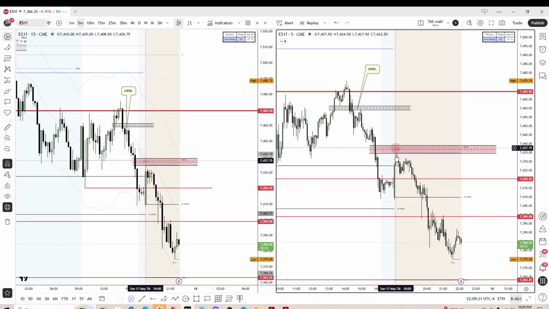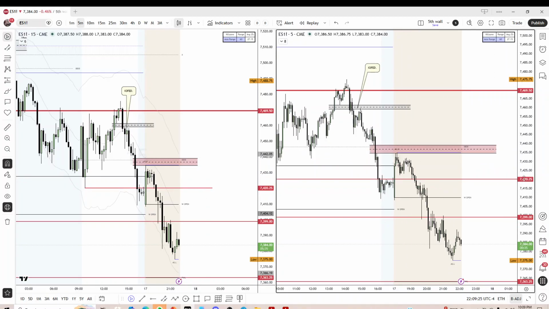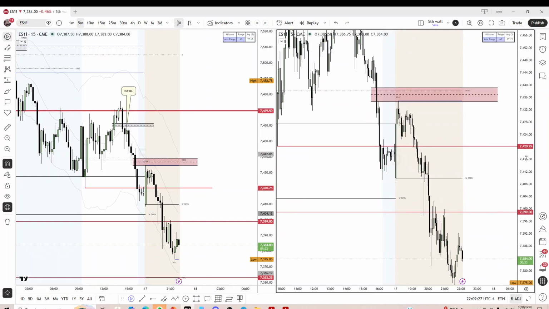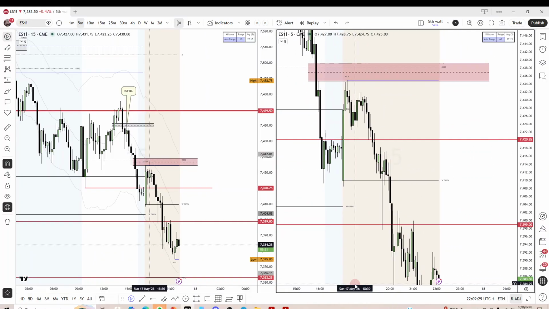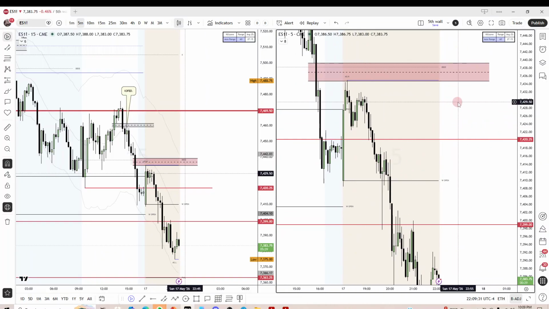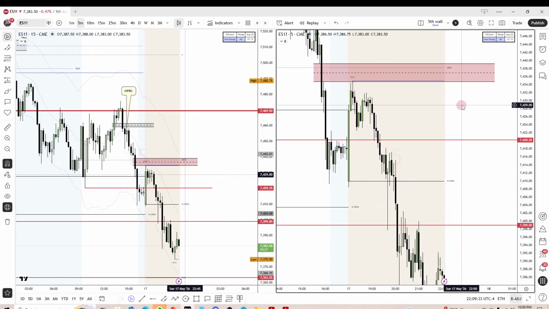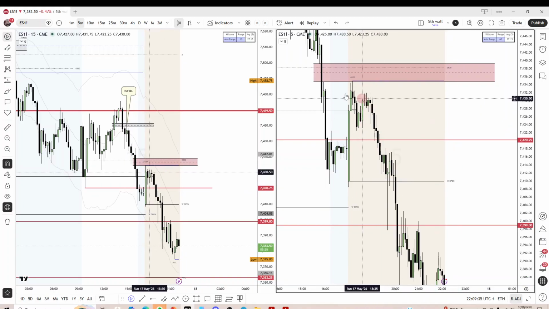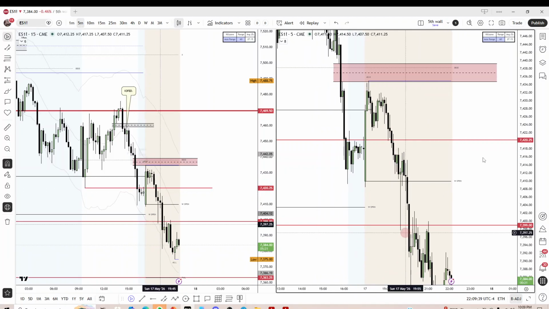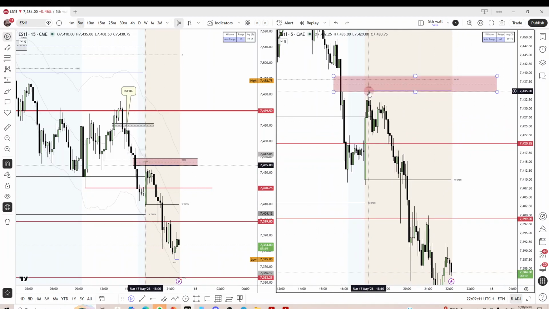Right, so we have that run on stops, and you don't exactly see any shift, right? So you probably would have missed all of these if you didn't take this short here.